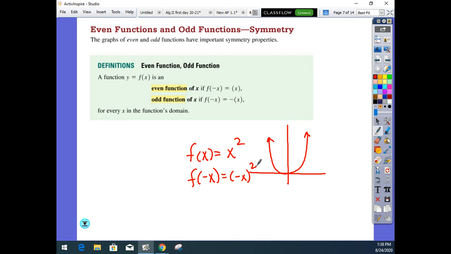What happens to the negative if this is an even number? The negative goes away. If it's an even function, if you plug a negative x into the function, you just get regular f of x out.